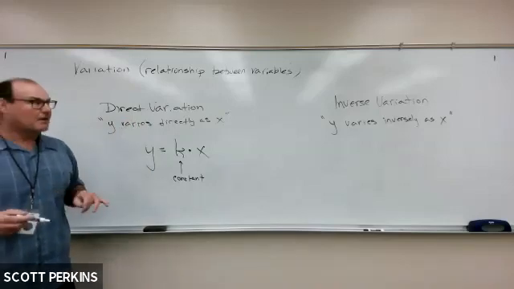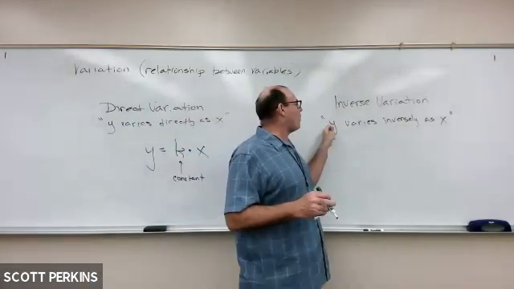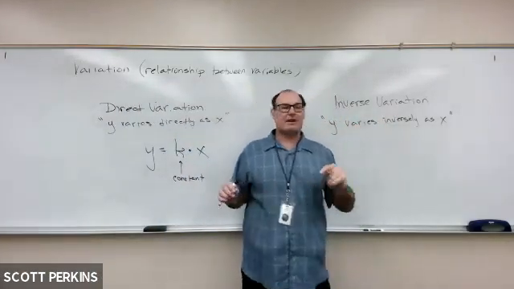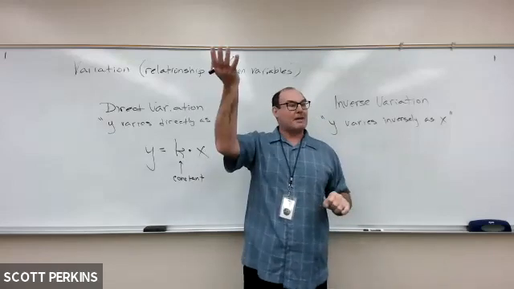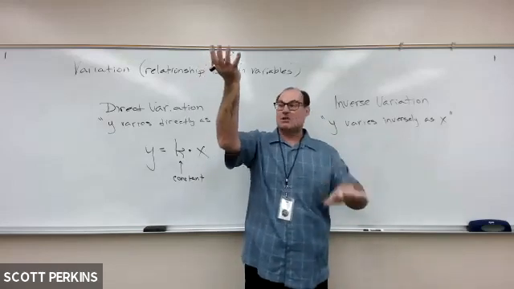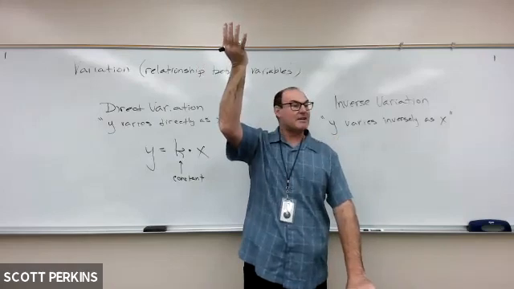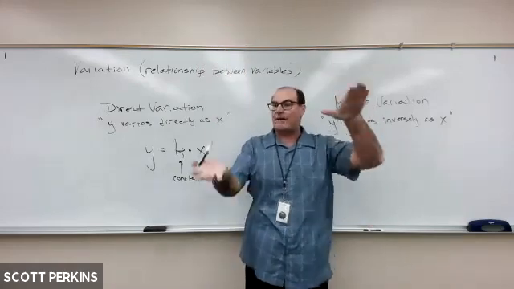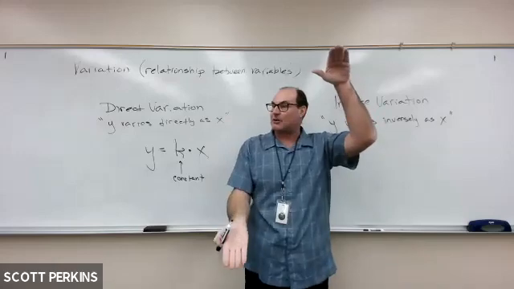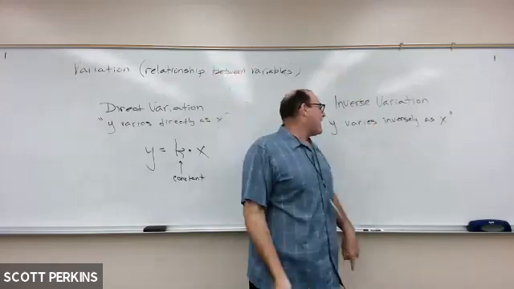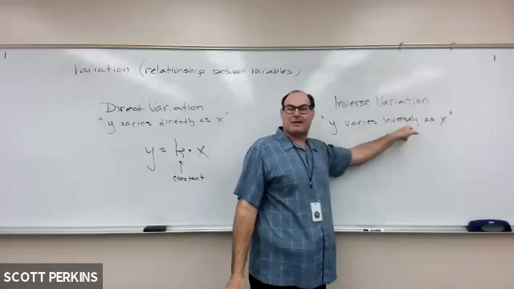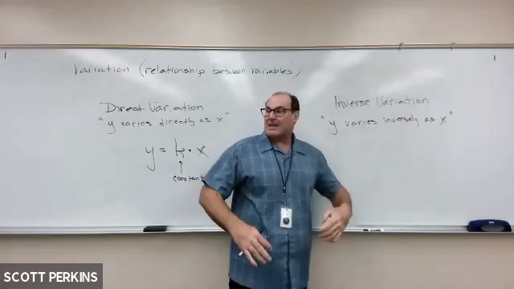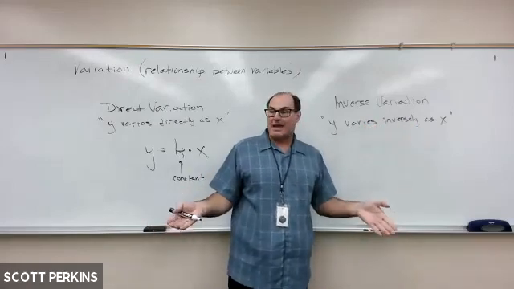Inverse variation. When I tell you y varies inversely as x, what an inverse variation is this: as y goes up, an inverse variation means then x is going down. And vice versa. As y goes down, x is going up. They are in inverse relationship. They're doing opposite things. And so when you are told two variables are in an inverse relationship or vary inversely, here is the mathematical way that they're related.